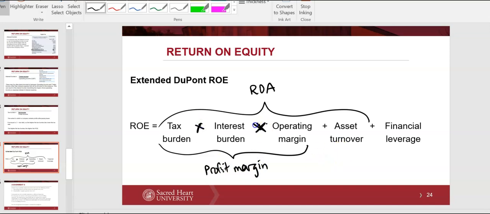Oops, sorry, not plus, but times. Profit margin times asset turnover. And if we take profit margin times asset turnover and multiply it by financial leverage, we're going to get back to our ROE. So let's update our formula sheet, and then let's start using this in our analysis.